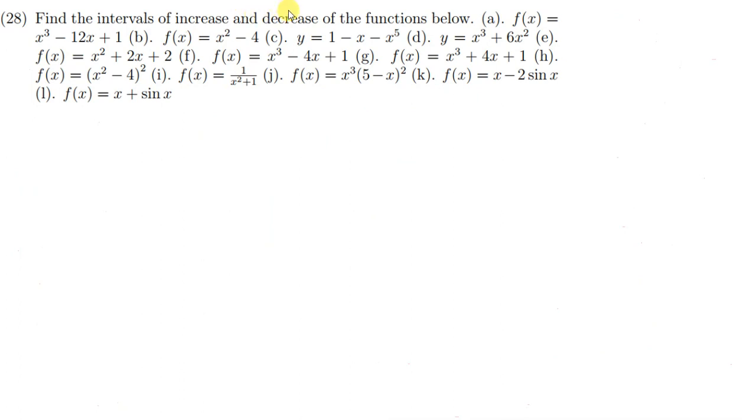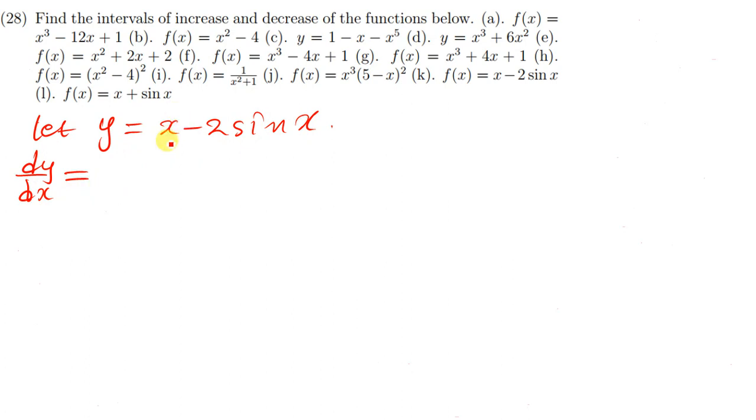Okay, so we get one trig function there. So we can get f of x. We say let y be equal to x minus 2 sine x. So we first have to find dy dx as usual.